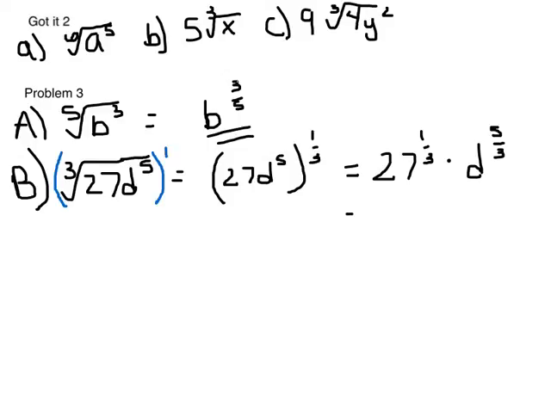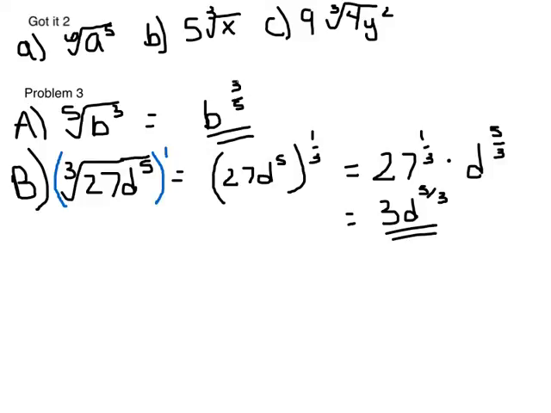We also know that 27 to the 1/3 power is 3, because 3 times 3 times 3. And so we end up with 3d to the 5. Oops, let me write that a little neater. I'm sorry, I'm writing with a stylus. It's not the easiest thing. 3d to the 5/3 power.